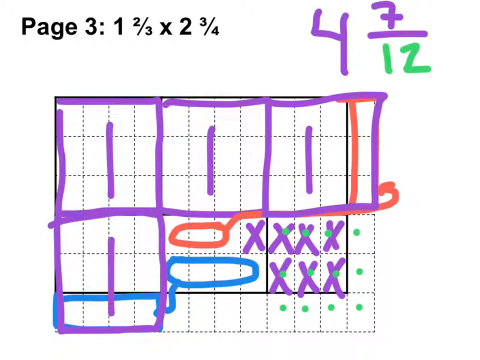Or if it's too messy down there to count, come up to one of the wholes: 12 pieces. So that's one way to do it. So 1 2/3 times 2 3/4 is 4 7/12.